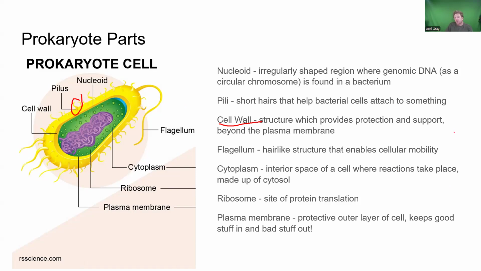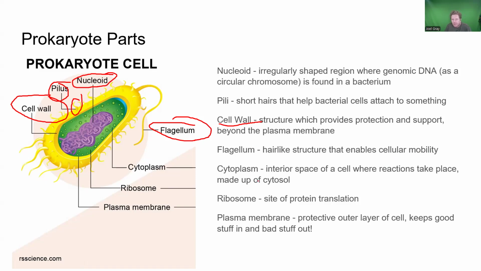This structure provides protection and support beyond the plasma membrane. So when it comes to a prokaryote, we've got three major structures that separate them from a eukaryote. Or sorry, four, because there's also the flagellum. I know that molecularly it's a little bit different from this, but I always visualized it as a big hair that enables cellular motility. So it enables this bacterial cell to move around.